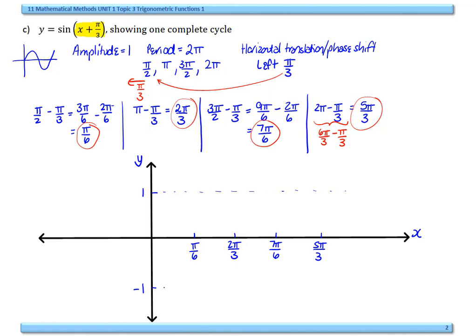Draw in your dashed lines if you need to. It's a basic sine curve, so put in your key points. Join your dots, and you are done.